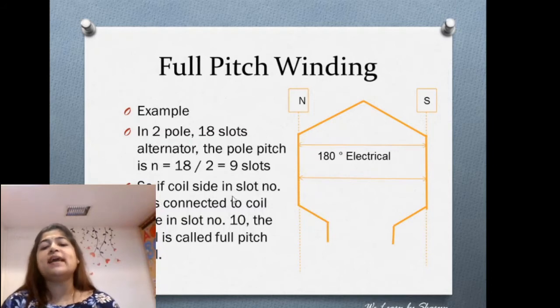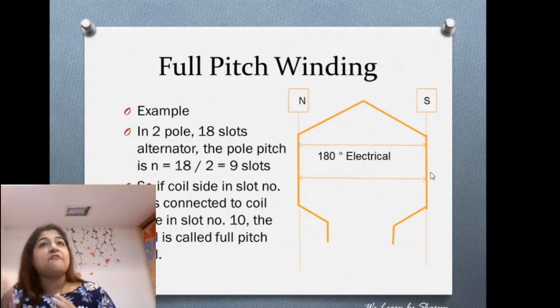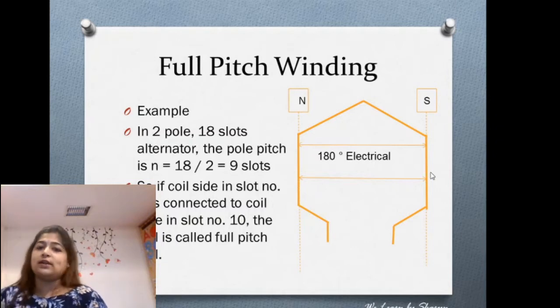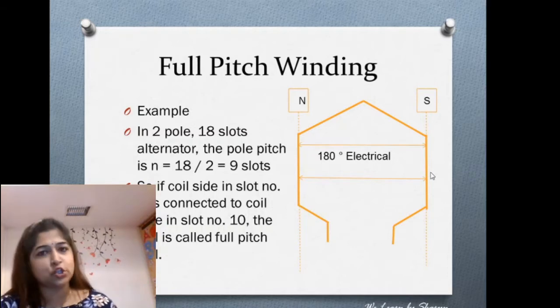And if the first coil side is kept in slot number 1, the other must be kept after 9 slots, at slot number 10. It should not be the 9th, it should be the 10th slot. Then only it will be a full pitch coil.